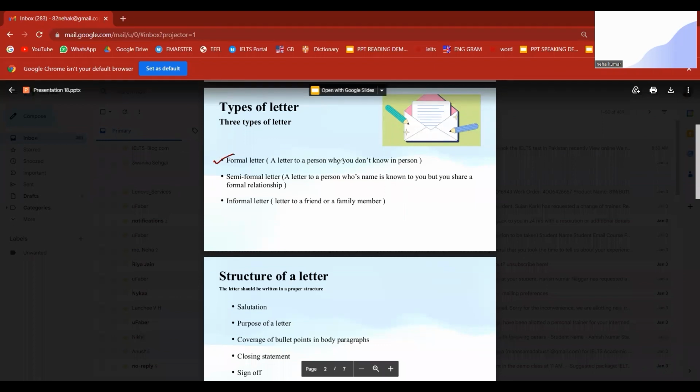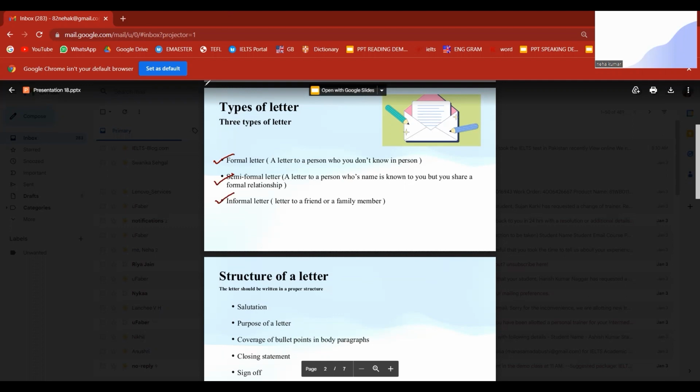The letter that you write to a person who you don't know in person, but you know that he is a company manager, CEO, but you actually don't know the name of the person. That is a formal letter. Semi-formal letter is another letter in which we actually know the name of a person, but we share a very formal relationship with that person. The third type of letter is an informal letter. This letter is always written to a friend or a family member.